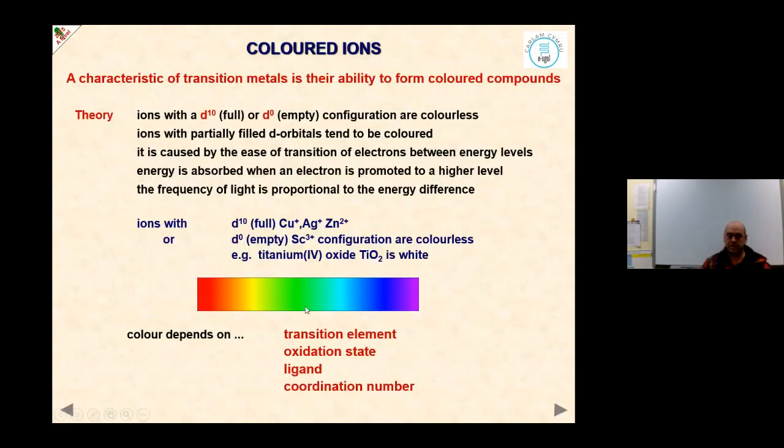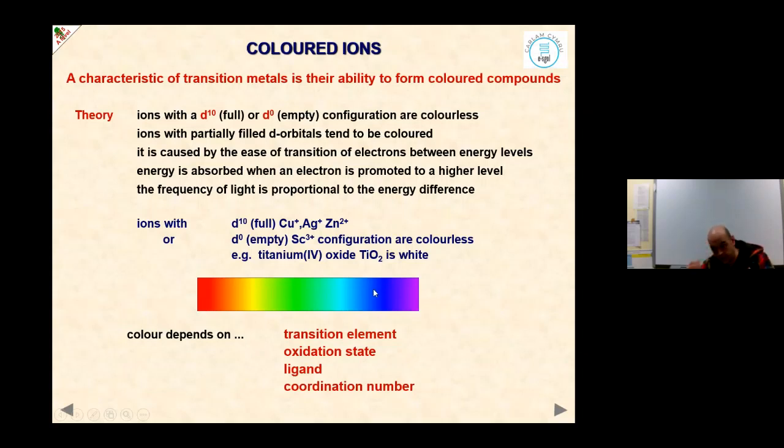So the next thing then, we're going to talk about why we have colour. All right. So obviously, colour is to do with the light passing through our solution. And what I've got here for you, you can obviously read this yourself in a moment, is this spectrum of light. This is white light, and as you know, white light is made up of many wavelengths.